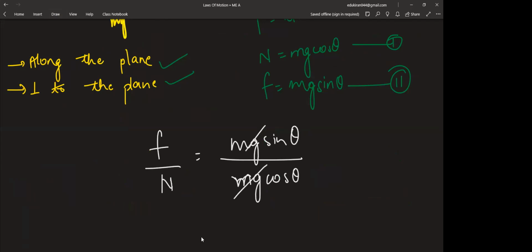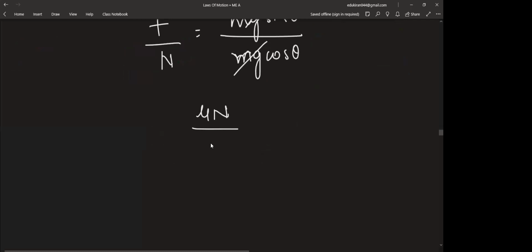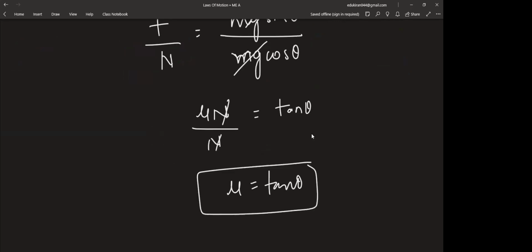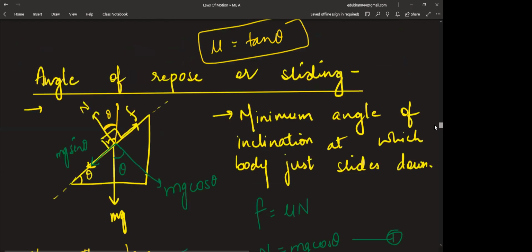Again, f by n is equal to mu n by n. See, we get the same answer here also, the same formula. Sin theta by cos theta is equal to tan theta. So mu is equal to tan theta here also. So the values are the same here as well, right? We'll see some questions on this, so it will be clear. Write down this.